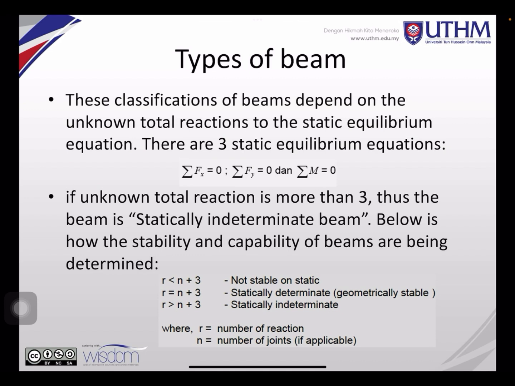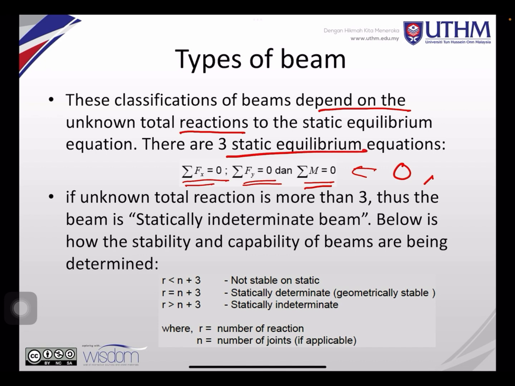So the classification depends on the total unknown reaction force against the static equilibrium equations. We know there are three equations, and you need to remember this: total Fx equal to 0, total Fy equal to 0, total moment equal to 0. When these three are 0, it will stay in static equilibrium.